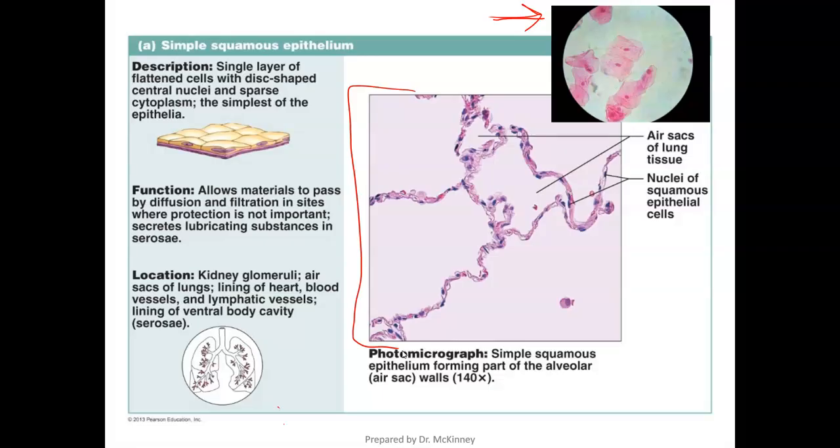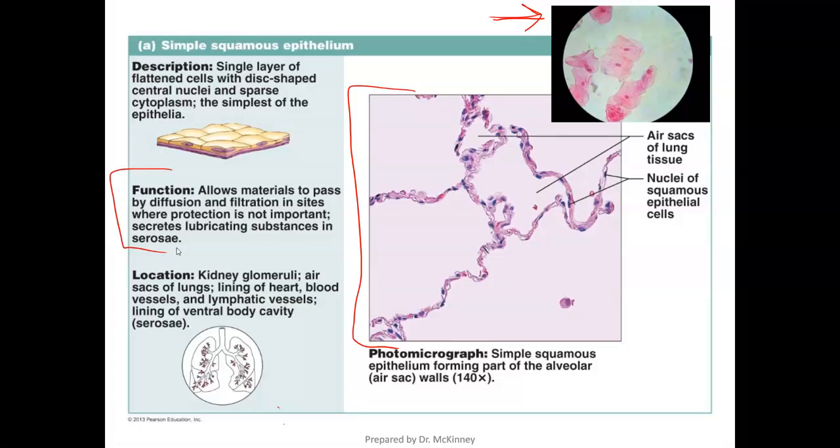So simple squamous epithelial cells are very, very thin, which will allow for things to diffuse across those cells very easily. And that's exactly what the function of these simple squamous epithelial cells is. It allows for diffusion to take place.